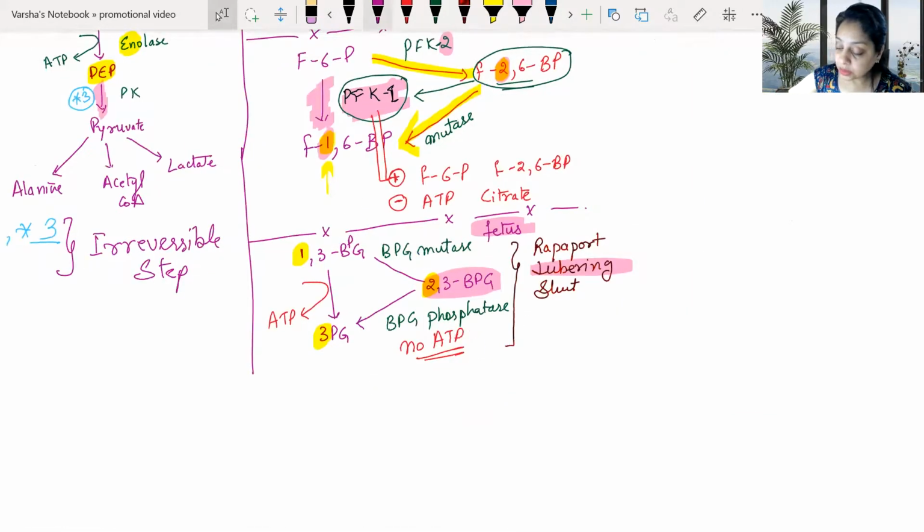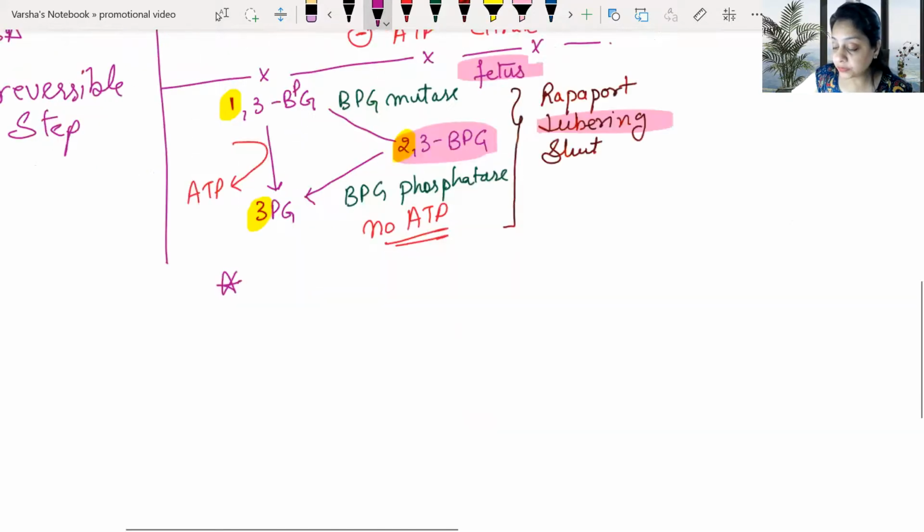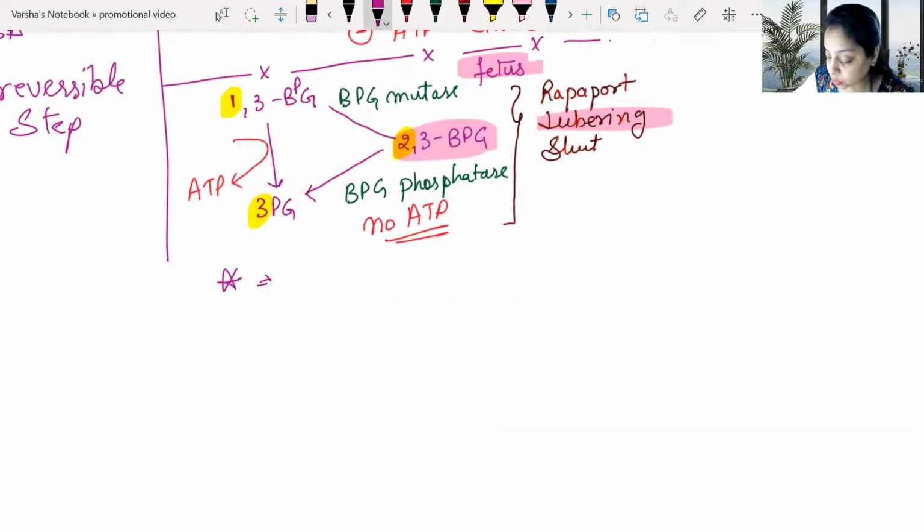Here you can write it down that you can correlate with your oxygen dissociation curve, ODC, when we talk about it in those notes, right? 2,3-BPG helps in unloading of oxygen from hemoglobin to tissues, right?